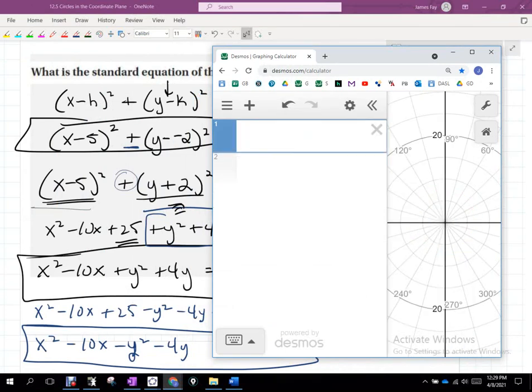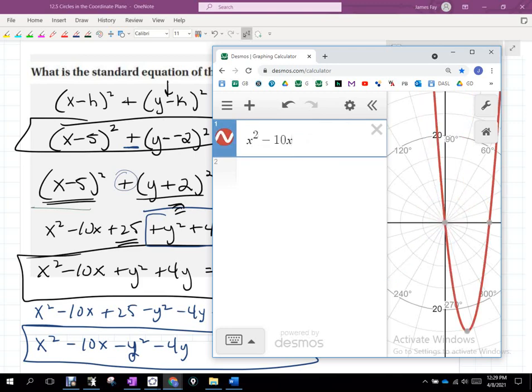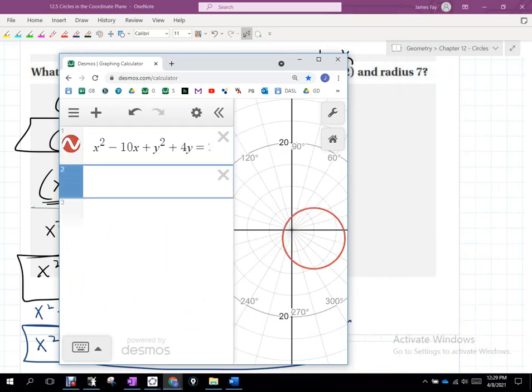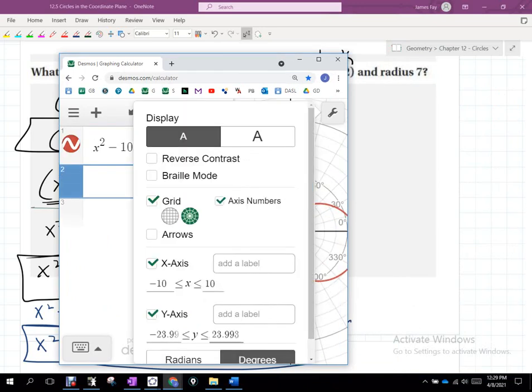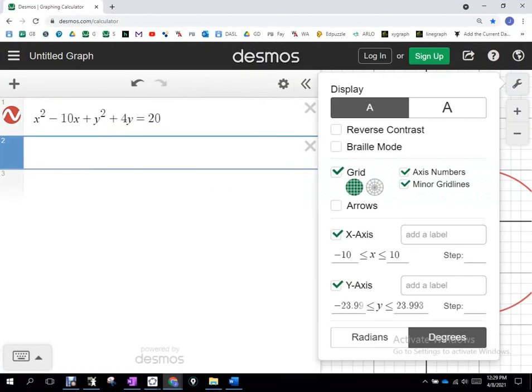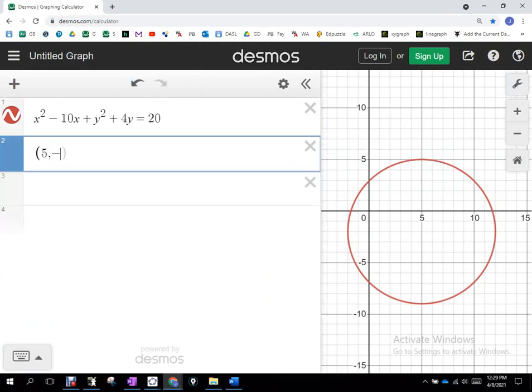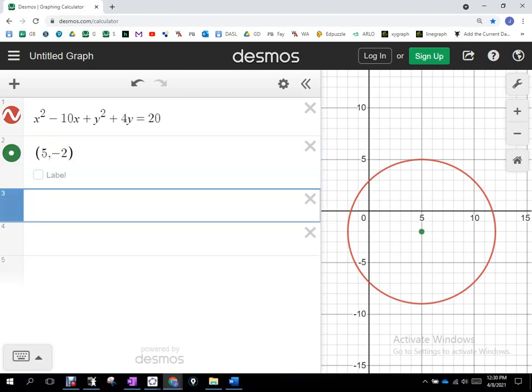So just demonstrating that x squared minus 10x plus y squared plus 4y equals, what was it, 20, is still the circle with a radius of 5, centered at 5, -2. If I put 5, -2 in there, you see that that is the center, right?